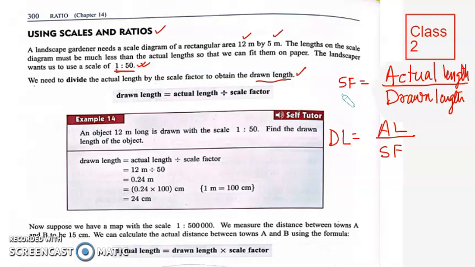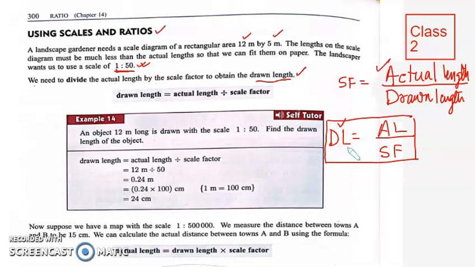What we learnt in the previous class is that the scale factor is actual length divided by drawn length. So if you bring drawn length to this side, we need to find drawn length. It will be actual length by scale factor. The formula for drawn length is actual length by scale factor.